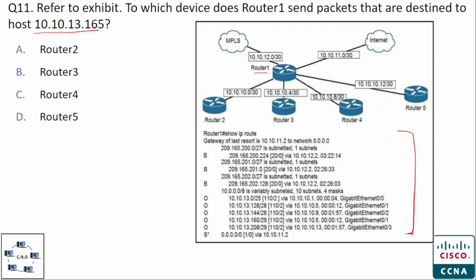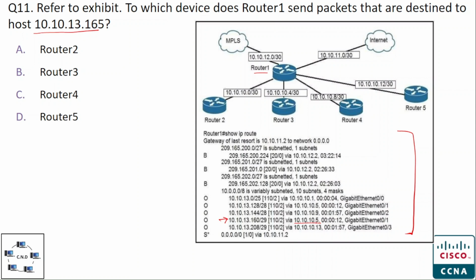Again, this route is also excluded because this range is up to 143. Again, this is excluded. It is up to 159. This route actually contains the host address 10.10.13.165, and the route is 10.10.13.160/29, and it is accessible via the hop 10.10.10.5, and the interface is gigabit Ethernet 0/1.